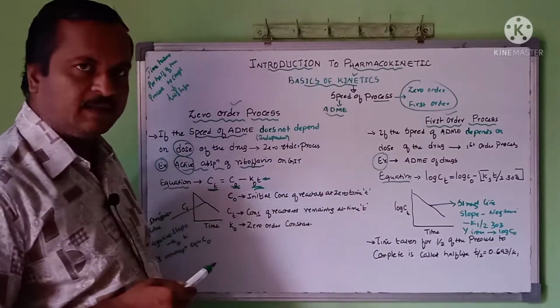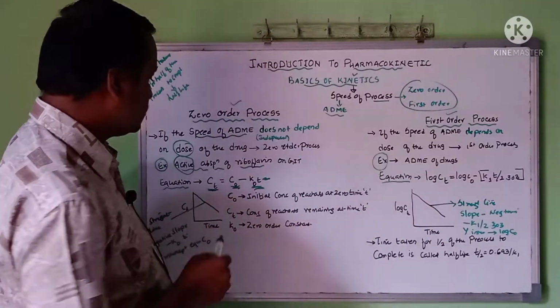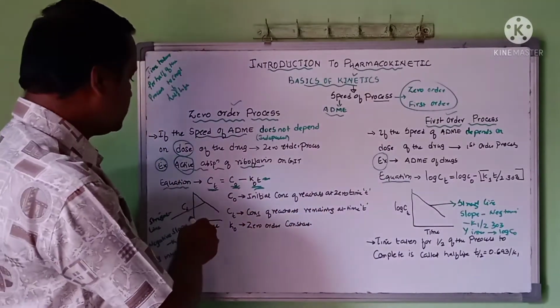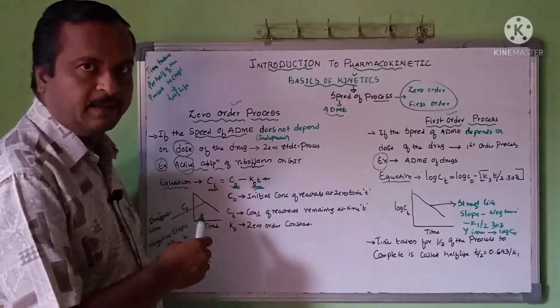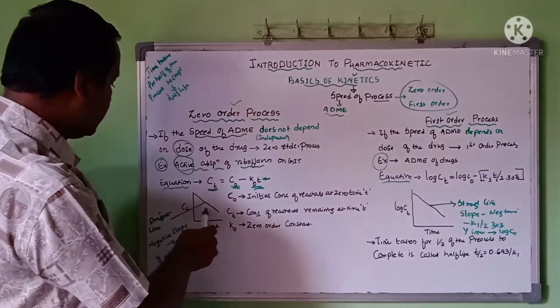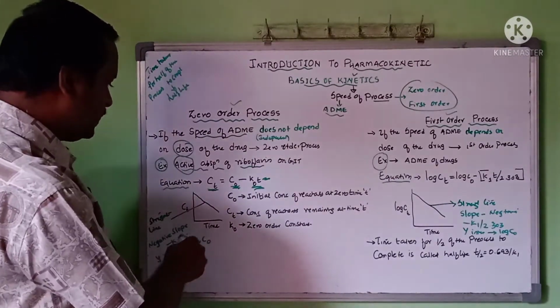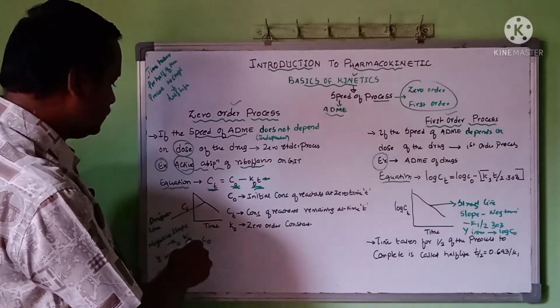When you plot time versus the concentration of the reactant remaining at time t, that is C_t, you will get a straight line with a negative slope of -K_0.